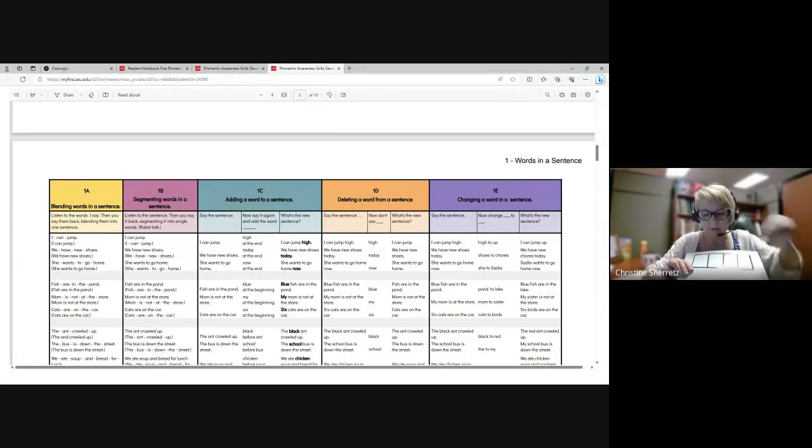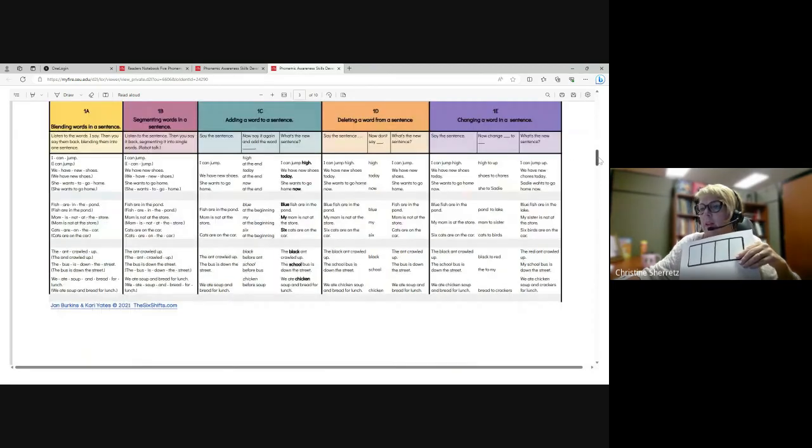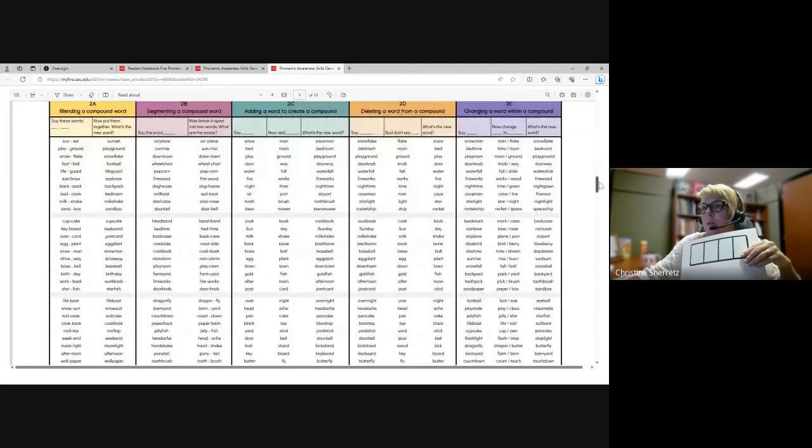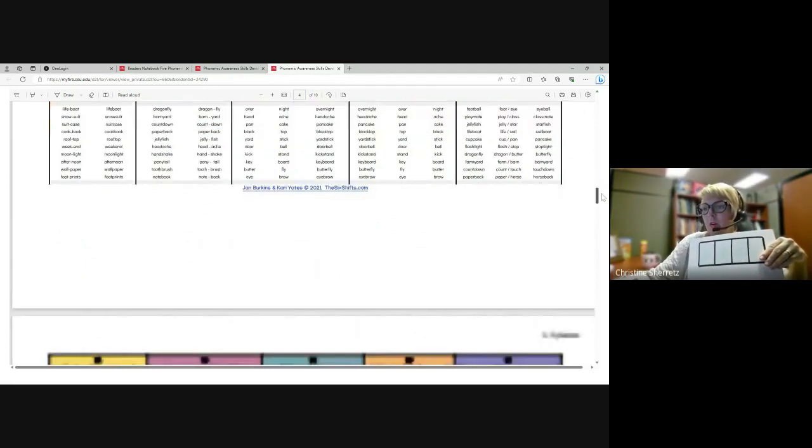Kids could put a chip for each word to represent the number of words in a sentence. And down here, you could even do syllables too. If you said the word postcard, you could have them put something on here for the number of syllables in a word.